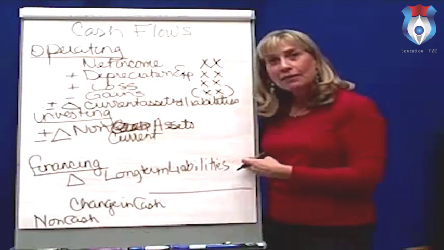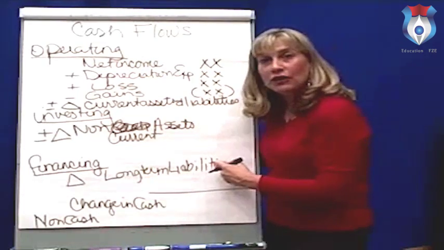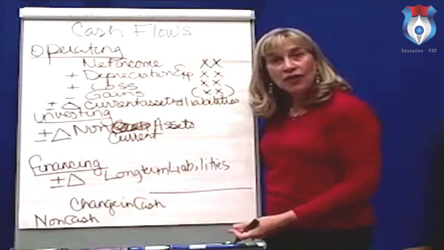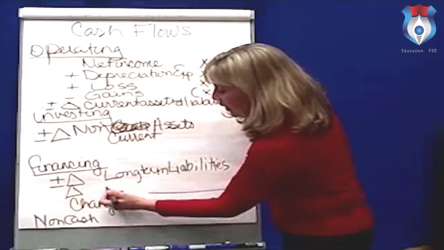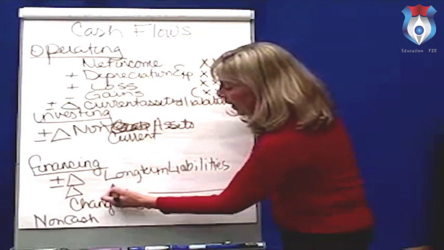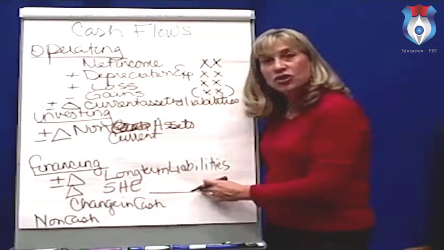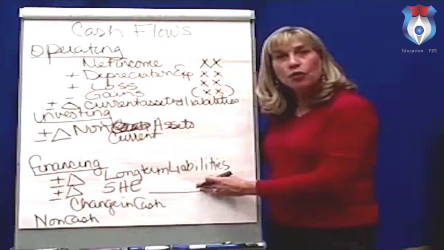If you repay long-term debt, does cash go out? Yes. So we're going to look at those changes for the increases or decreases they incur. Also, we're going to look at our changes in our stockholders' equity accounts for any changes that they incur, and we will add or subtract them accordingly.